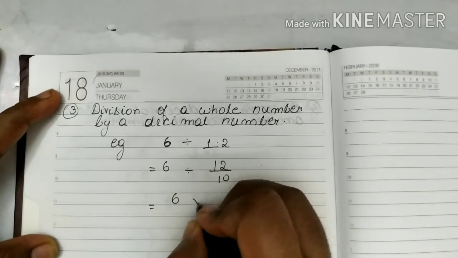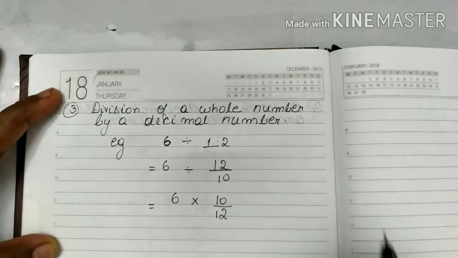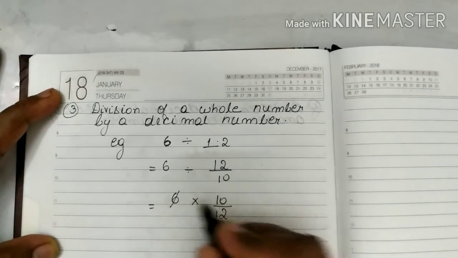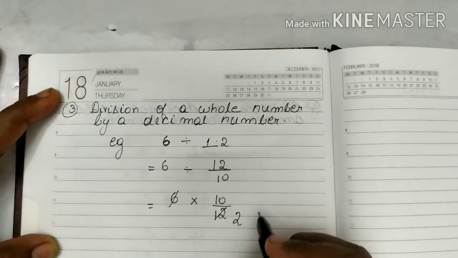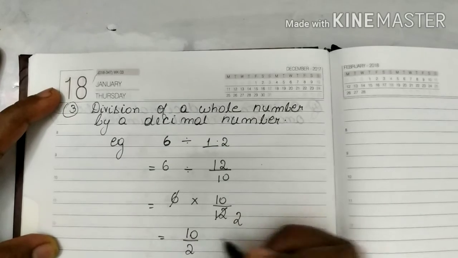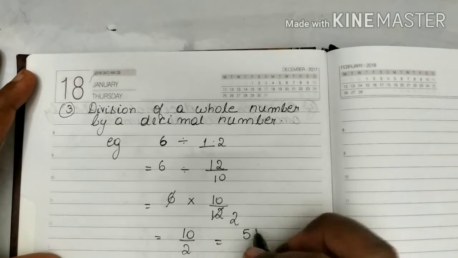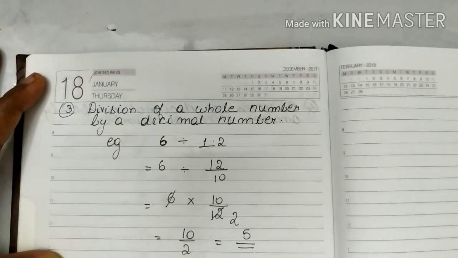Similarly, we'll do 6 into 10 by 12. Now we can simplify by 2, and we'll write this as 10 by 2. Again we can simplify, and the answer will be equal to 5.